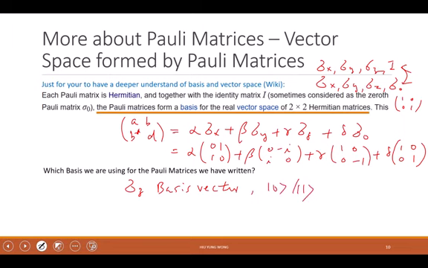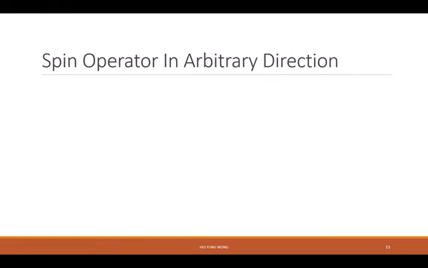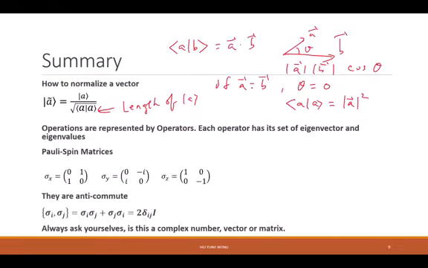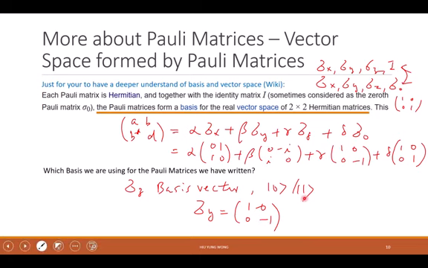That is because sigma z is written as 1, 0, 0, negative 1. If you find its eigenvectors, you find that they are exactly 0 and 1. So the eigenvectors are indeed the basis that we are writing in. Maybe this is not that clear to you now, but as we do more, you will understand better.